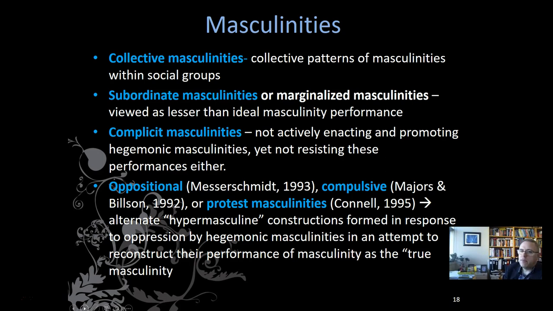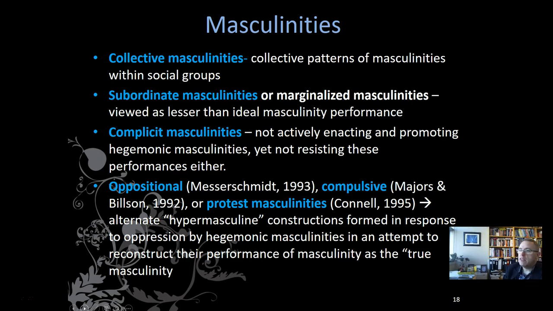Now, subordinate masculinities or marginalized masculinities refer to masculinities where people are viewed as performing a lesser form of masculinity. Sometimes this might refer to somebody who has a different sexual orientation. So someone who's gay or bisexual may be viewed as performing a subordinate masculinity in some people's eyes. Sometimes it may be related to income or education.